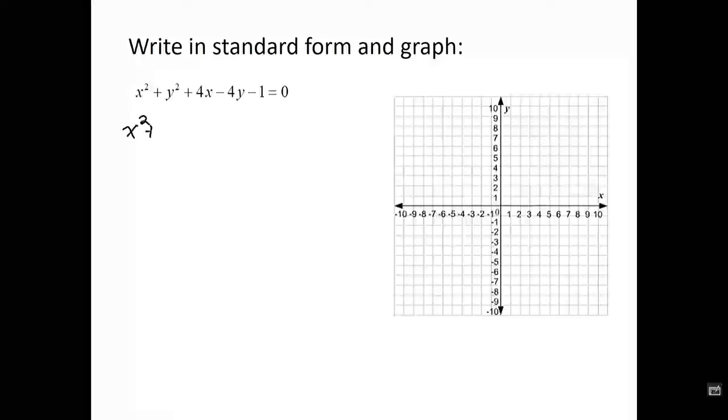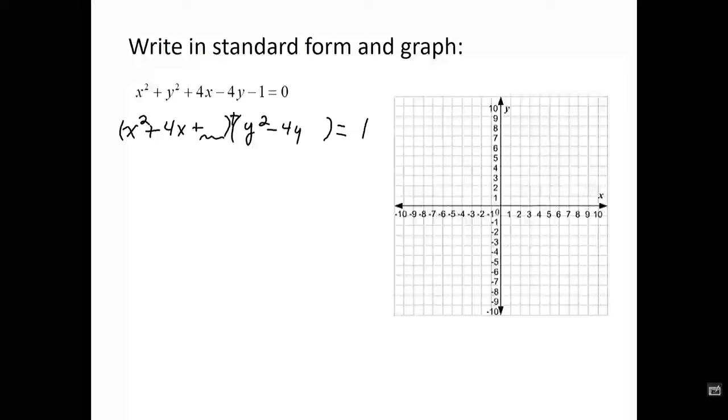x² + 4x + y² - 4y = 1. So what do we have here? This space is for completing the square. So what must I add to this binomial to make it a perfect square trinomial?